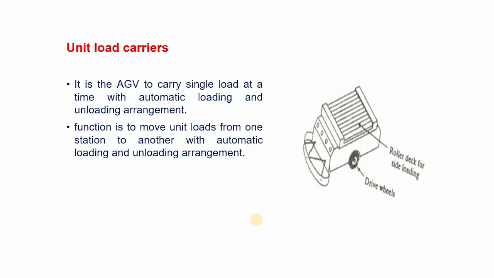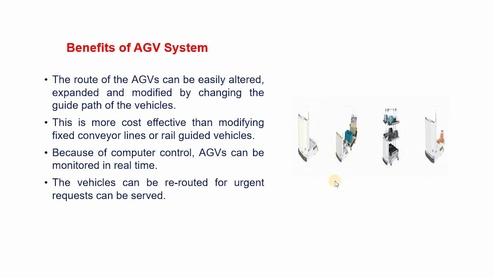It can move from one station to another for loading as well as unloading. This figure shows the roller unit load carriers. The roller deck for side loading, on top of which is the unit load or bulk load, and the driving wheels.